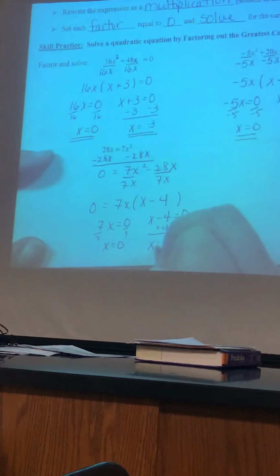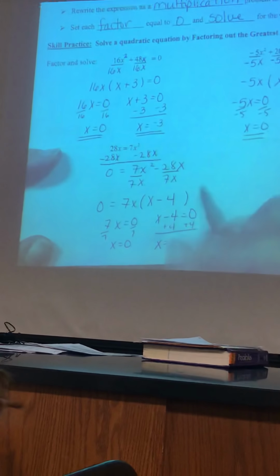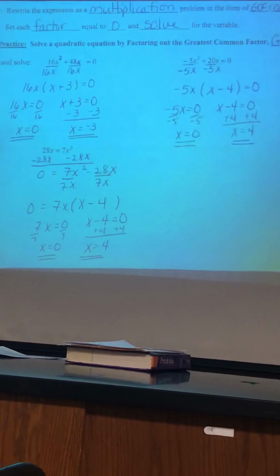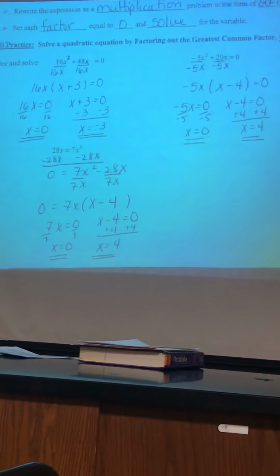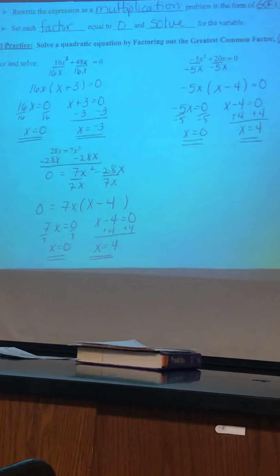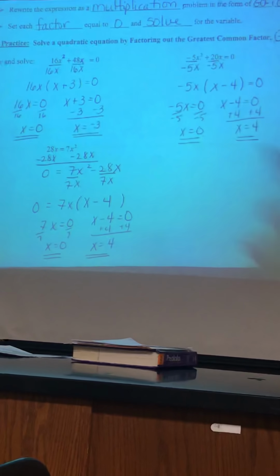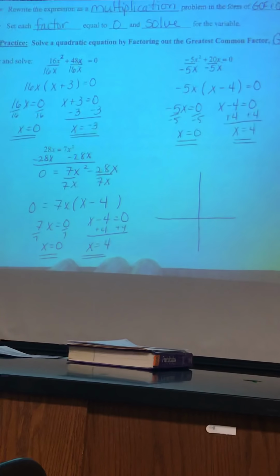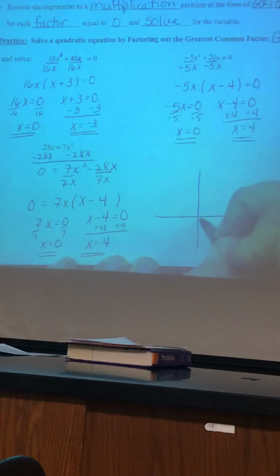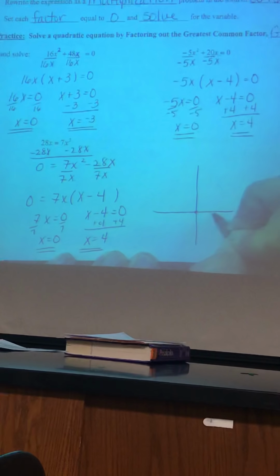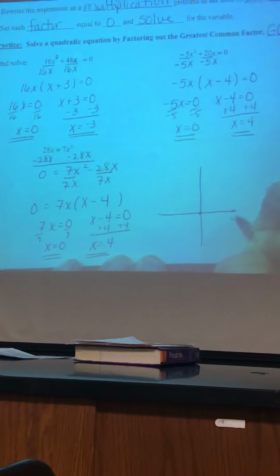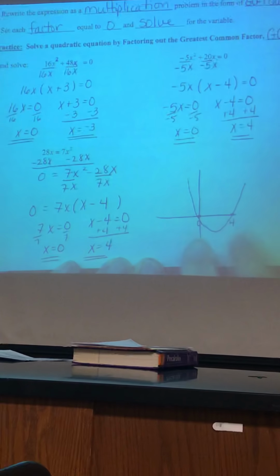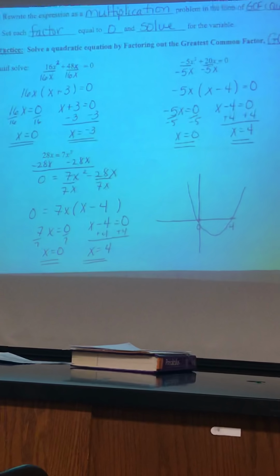So again, on this problem, similar to the previous one, I have two answers: x equals 0 and x equals 4. Okay, again, I want to remind you that what this is telling me is that if I graphed this, my quadratic would be crossing at 0 and at 4. These two numbers are my solutions.